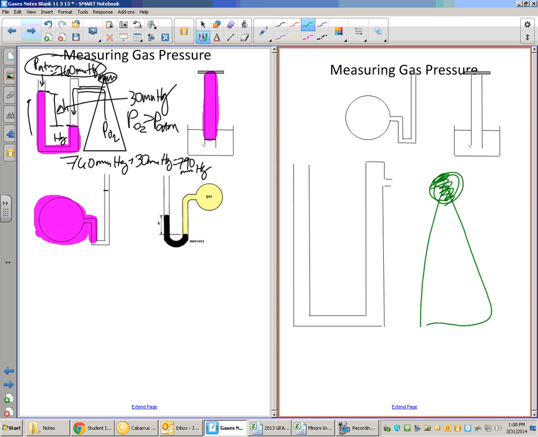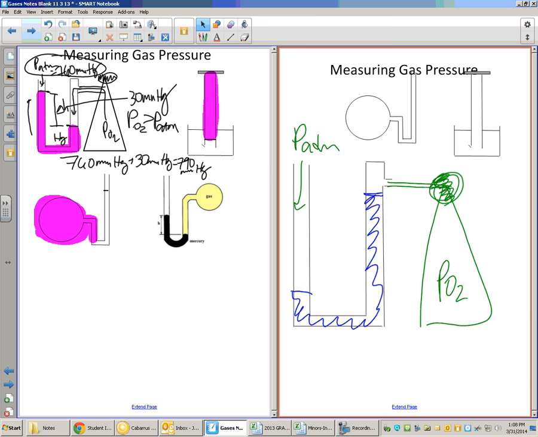My stopper again, it's connected. Here the pressure of the atmosphere is pushing down. Give me an example. What do you want the height difference to be? 70? Okay, so who's going to be higher, the left side or the right side of the U-tube? The right side's going to be higher, so I'm going to put that way up here, and that one way down there.